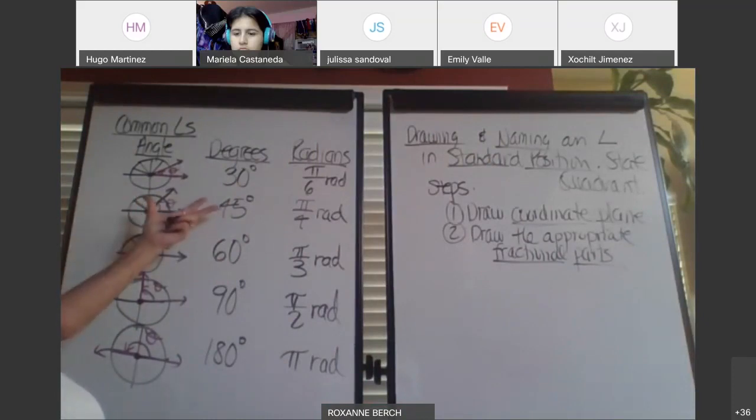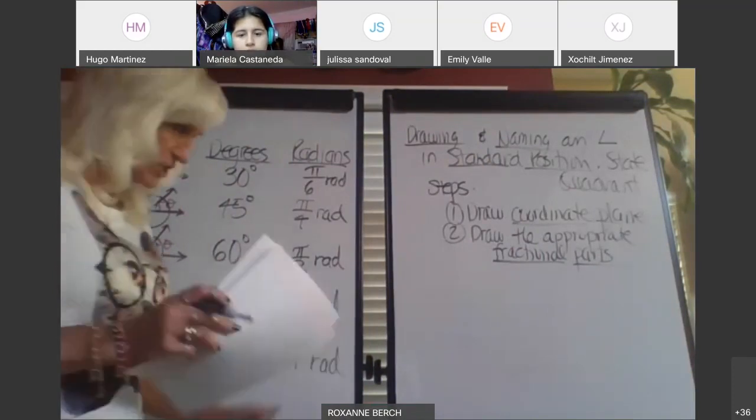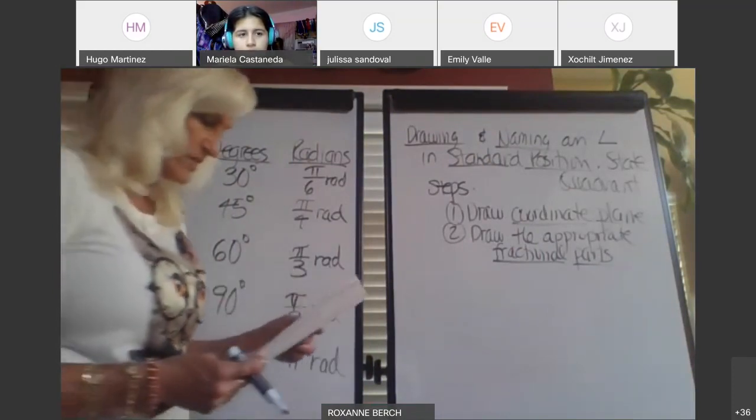If you're graphing in degrees, if you're going to graph the 45, you'd have to show the 90 degrees and take half of that. So you have to be able to divide things into parts to prove to me that you understand fractions and that you can graph the angle close to what it's supposed to be.